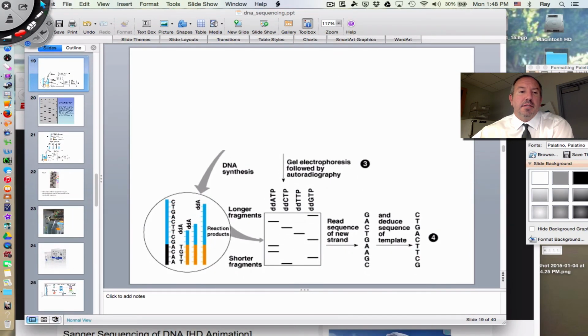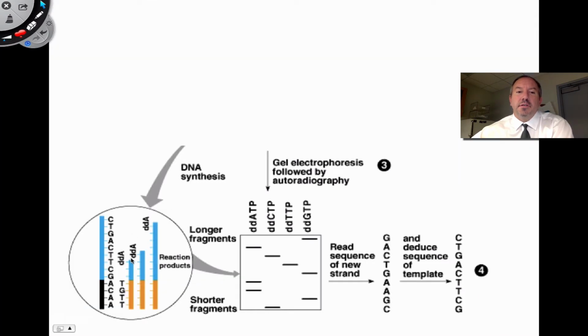So when you get back to this, you can see that these oligonucleotide sequences, when you load them into the gel, each lane representing a different NTP, you'll see that you can literally go up and read this.